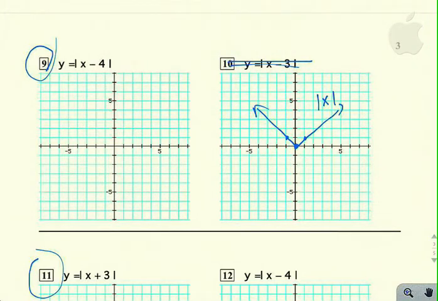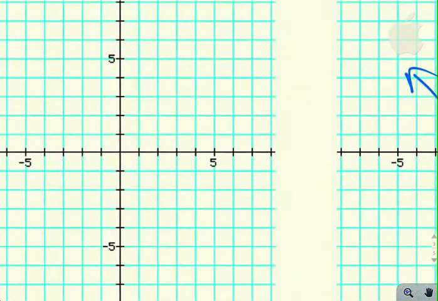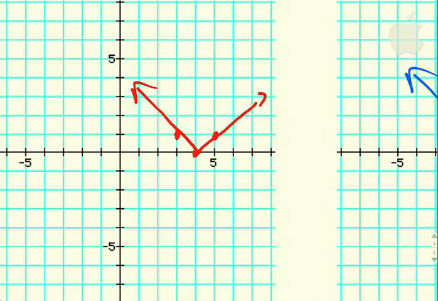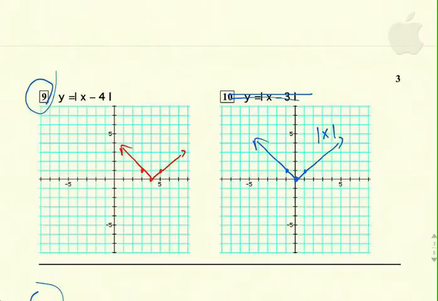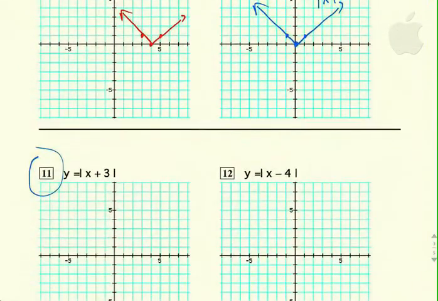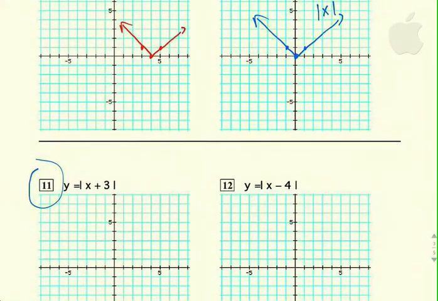We're going to have to move the blue graph to the right 4. And what's going to happen to the blue graph in number 11? Well, it's going to have to move to the left 3.